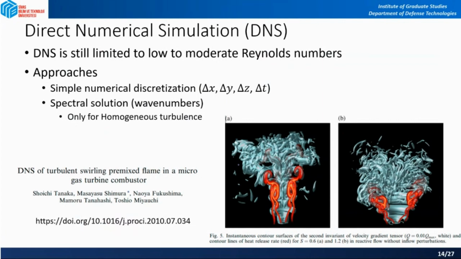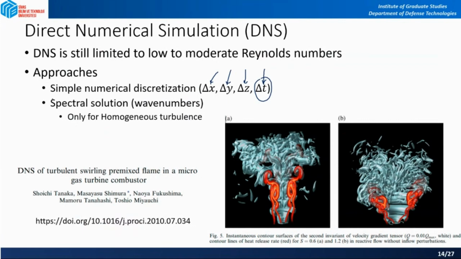You can discretize it and use a finite difference scheme, and you have to estimate the smallest grid size and also the smallest time step delta t, depending on the Kolmogorov scale and Kolmogorov time scale. And actually, it is very straightforward. You simply do the numerical discretization and then integration.